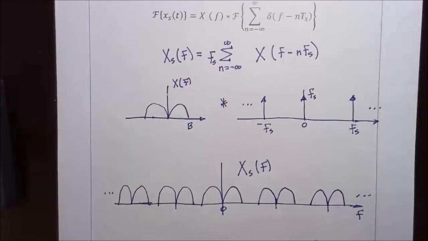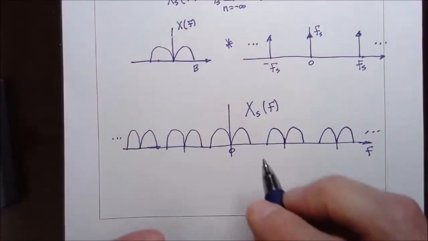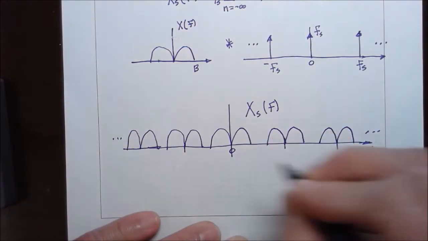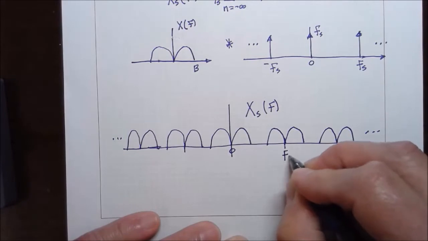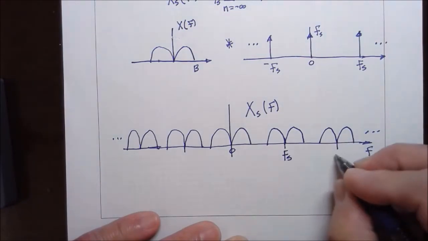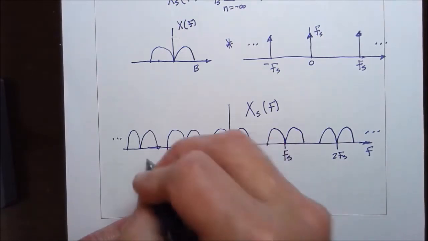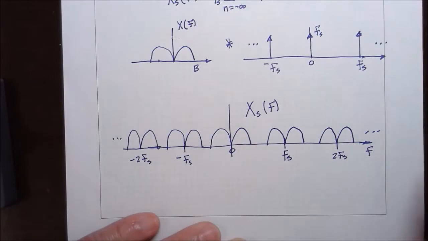What we have is the shape of the original message signal, and it is replicated. Centered at 0 is the center copy, and then we have a copy centered at f sub s, and this is at 2 f sub s, and this is minus f sub s, and minus 2 f sub s, and this is periodic in frequency.